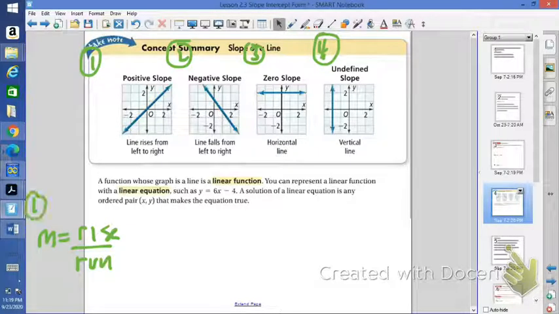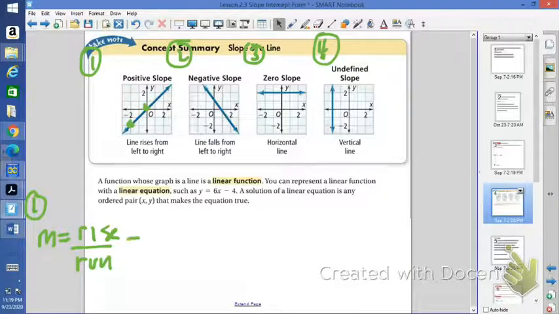Okay, so for the slope of the first one, you want to look and see where the line crosses a lattice point, and a lattice point is like the corner of where the line crosses the graph. So here, and let's just say here.